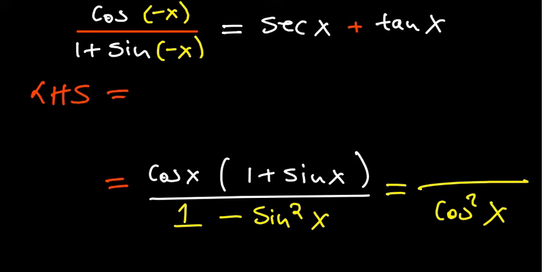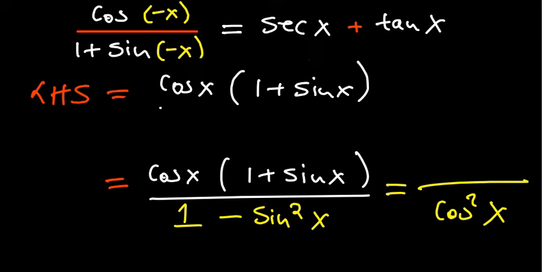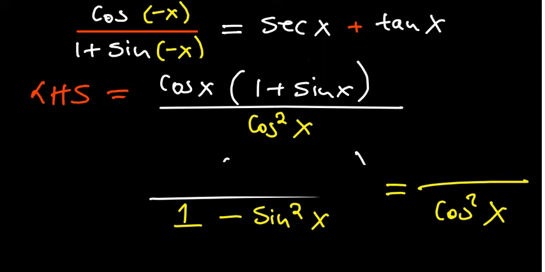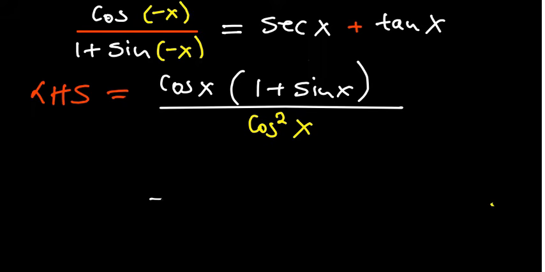We'll have cosine of x times 1 plus sine of x, and 1 minus sine squared of x is equal to cos squared of x. Are we any closer? Yes, we are getting closer and closer. That can divide into 1, and on the denominator part there remains cos x.